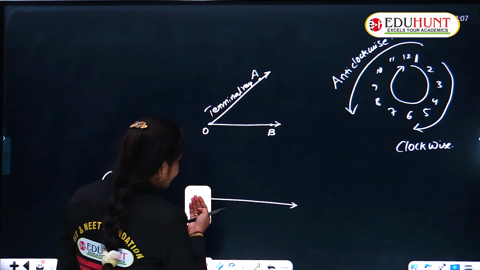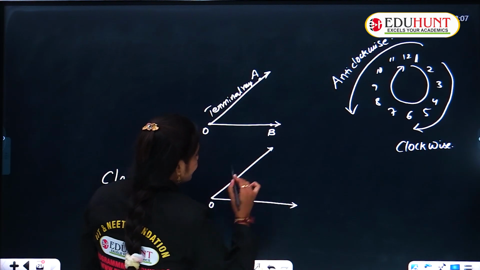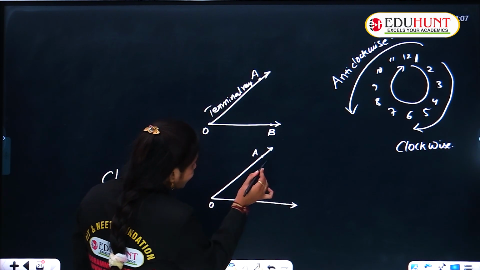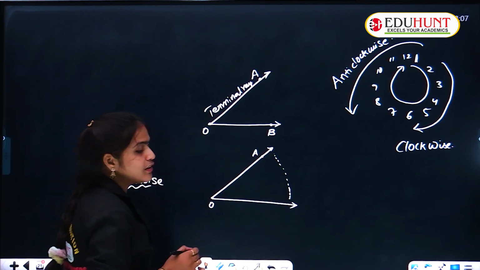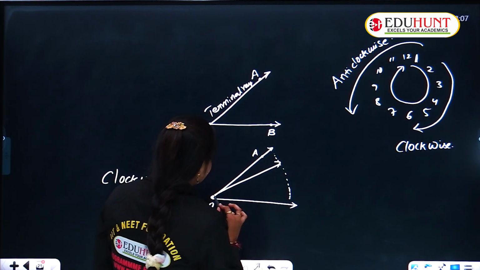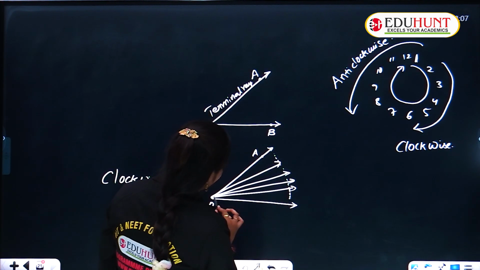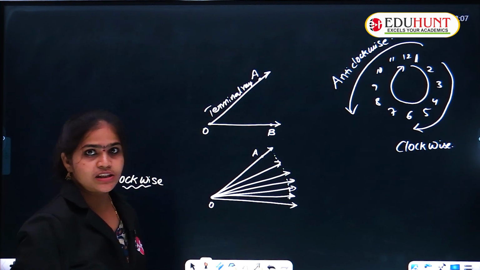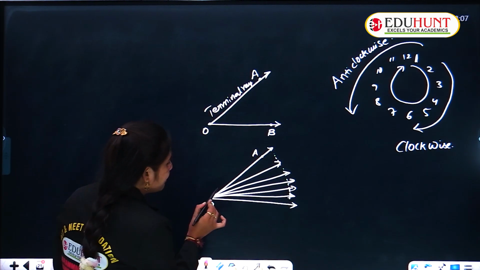then what will happen means, here this is O, no? Now here see that this is that OA terminal ray. If it moves in clockwise direction, okay, then the angle will be like this. If it moves in a clockwise direction, just observe, children, what will happen to that angle?